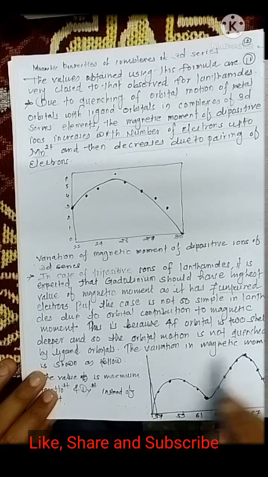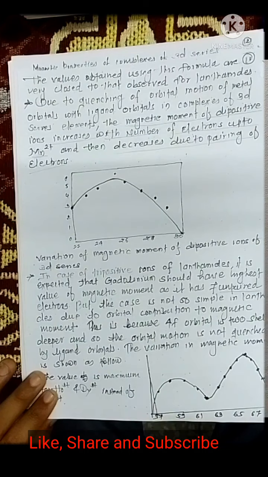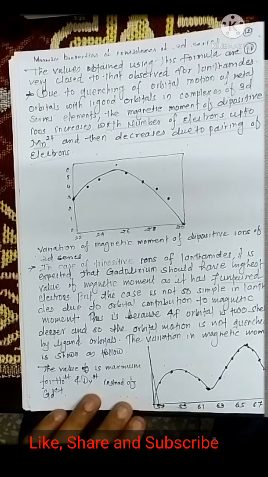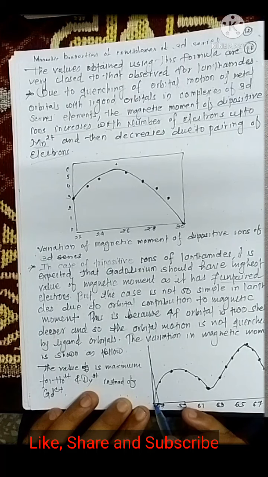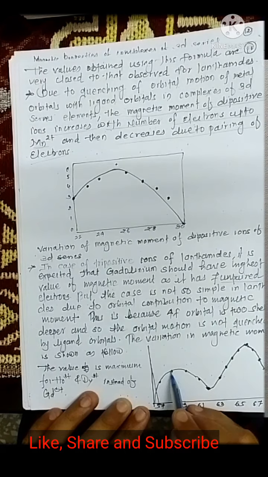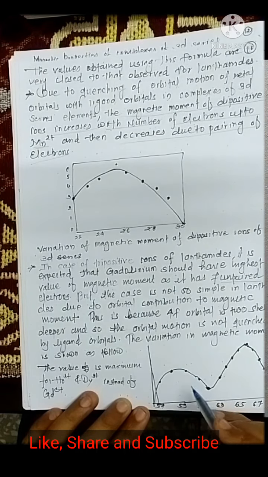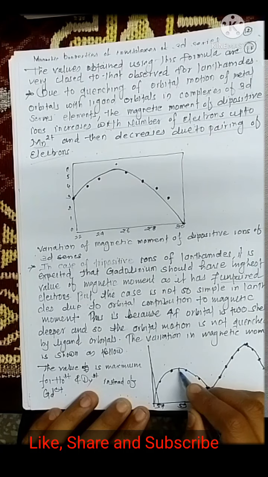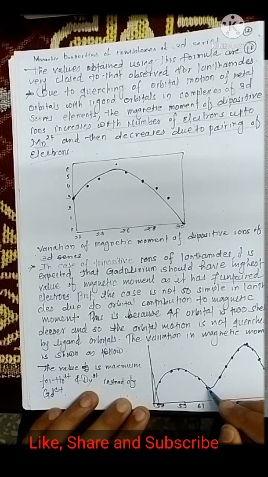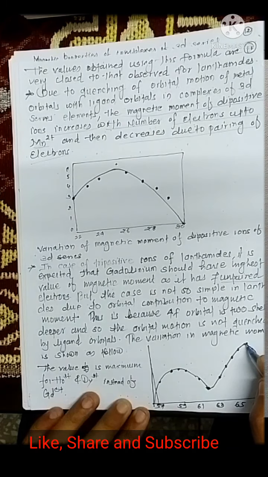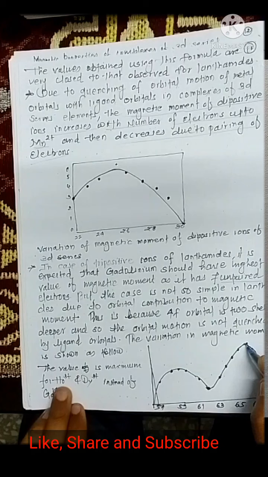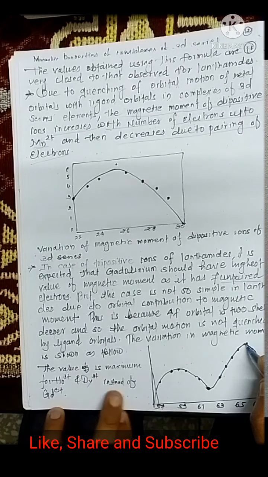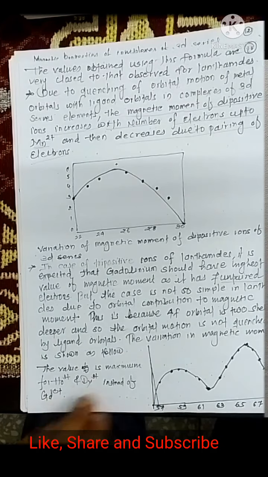The variation in magnetic moment is shown in this graph. We see that the trend first increases up to atomic number 60, then suddenly decreases, which simply means pairing occurs, and then the value increases further, and the maximum value is obtained for Ho3 plus and Dy3 plus instead of gadolinium 3 plus.